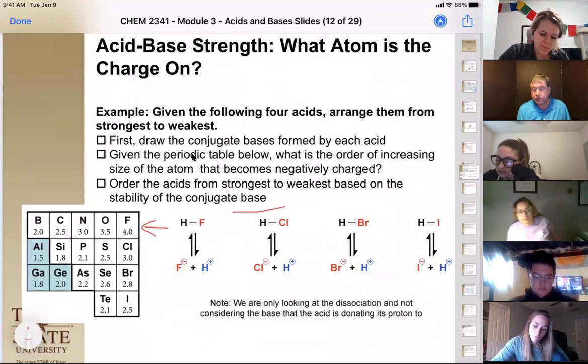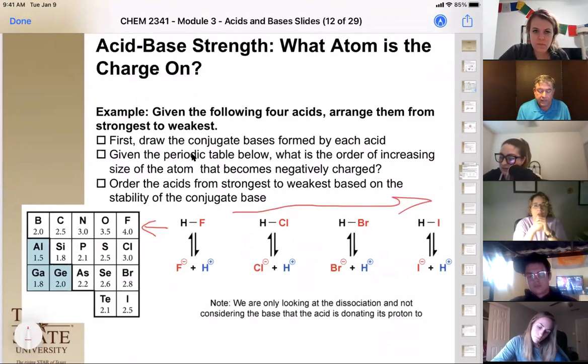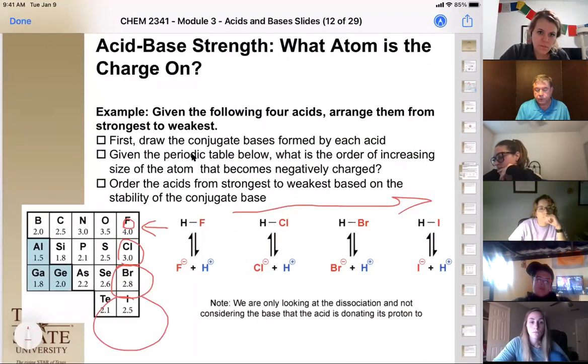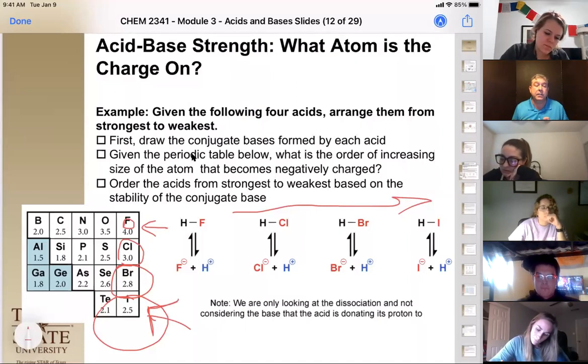However, all of these others are what we call strong acids. They fully dissociate in water. And the reason is that fluorine's really small, chlorine gets bigger, bromine gets bigger, and then iodine is huge, which makes iodine the strongest acid that we're going to work with here. Hydroiodic acid is the strongest acid, but it's all about the size, not just the electronegativity.